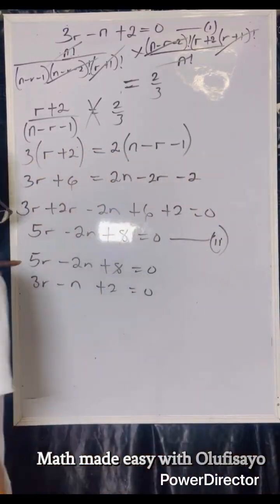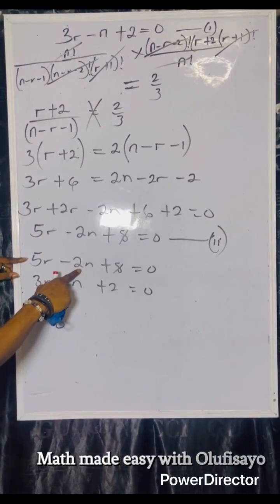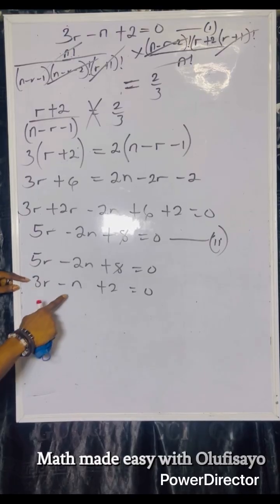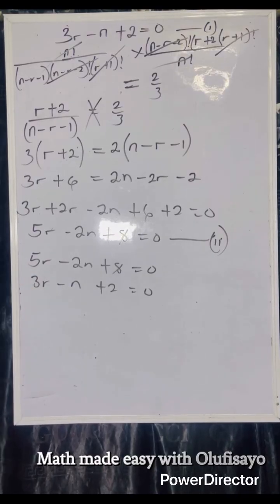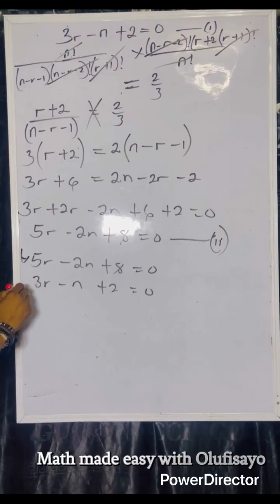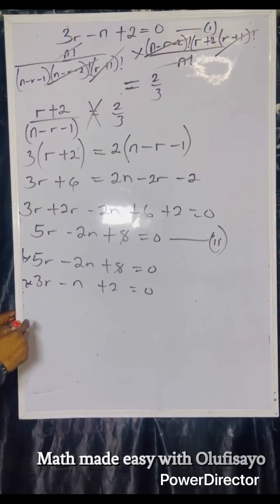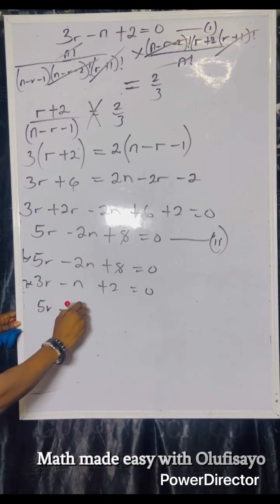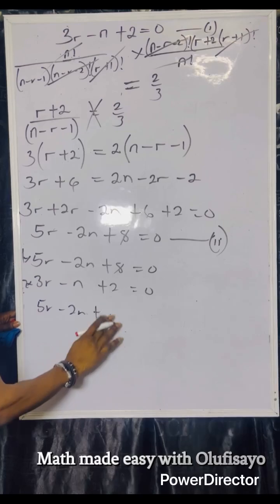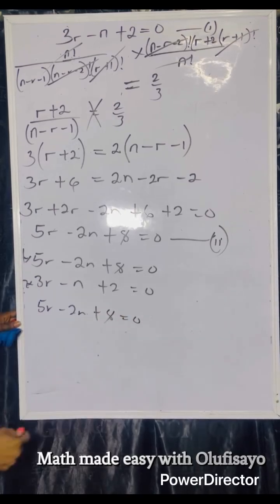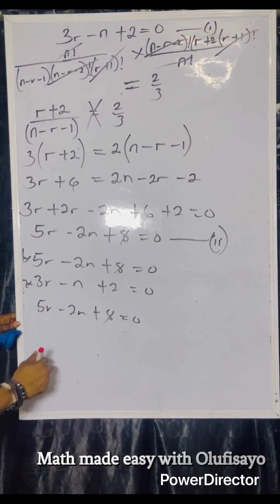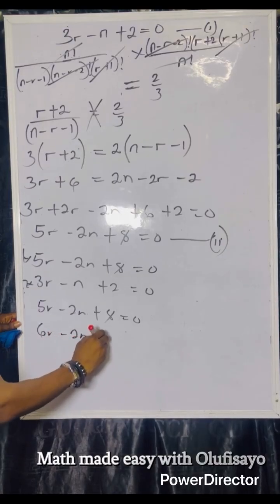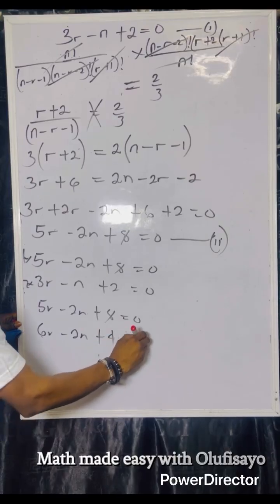If you look at equation 2, the coefficient of n is minus 2. Equation 1, the coefficient of n is minus 1. So multiply here by 1, multiply here by 2. All of this times 1 will remain the same: 5r minus 2n plus 8 equals 0. If I multiply the other by 2, I'm going to have 6r minus 2n plus 4 equals 0.